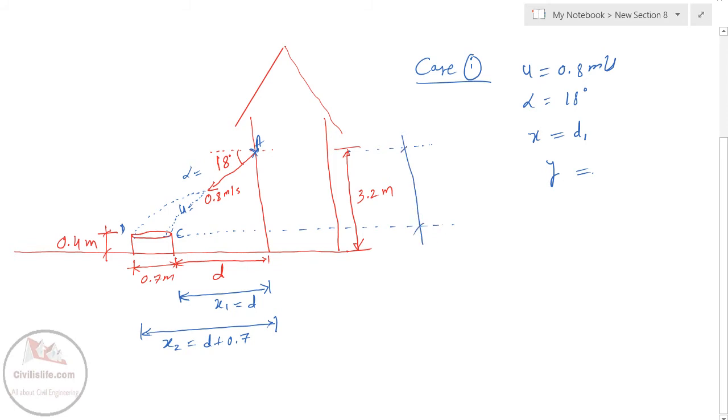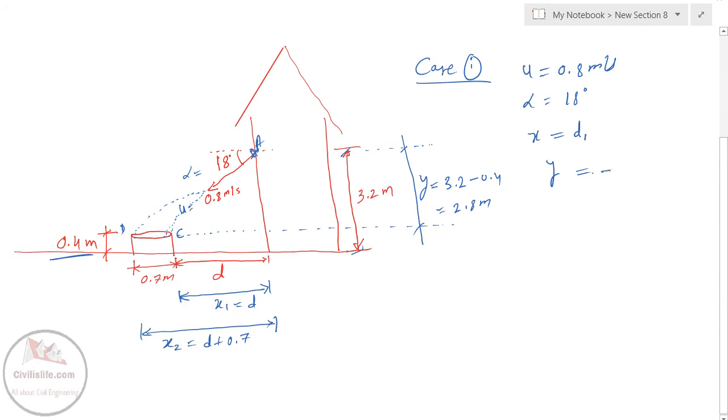From here to here it is y, and this y can be calculated as 3.2 minus, from the ground to here it is 3.2, minus the height of the bucket, which is 0.4 meter. It is 2.8 meter. So y is equal to 2.8 meter. Now the jet is traveling from a higher point to a lower point, that is in the downward direction.